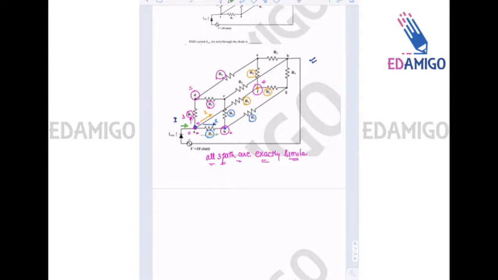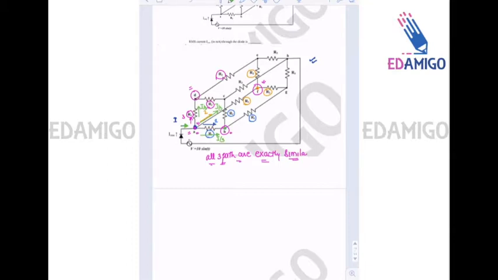That is, here it will be I by 3, here it will be I by 3, and in path 2 also it will be I by 3. Okay? Simple, eh?